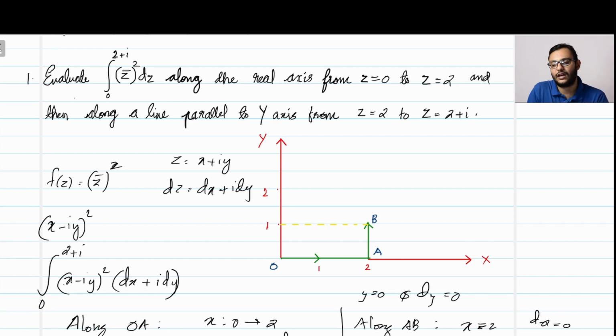We have to evaluate that integral, that is i times (x minus iy) the whole square, we have to expand it and find the y terms and substitute for that. So we can solve this as integral OA.